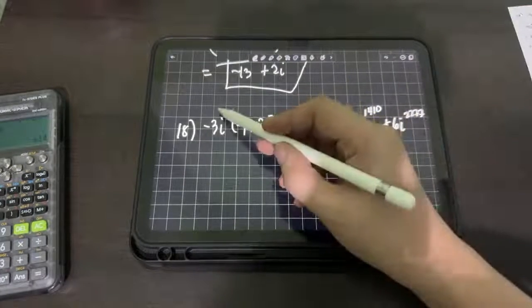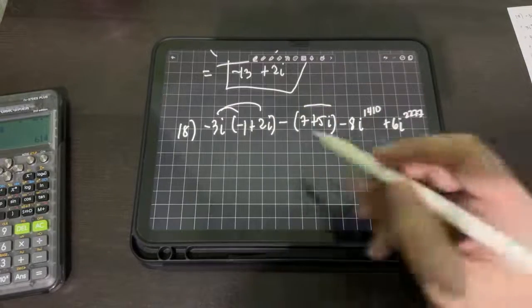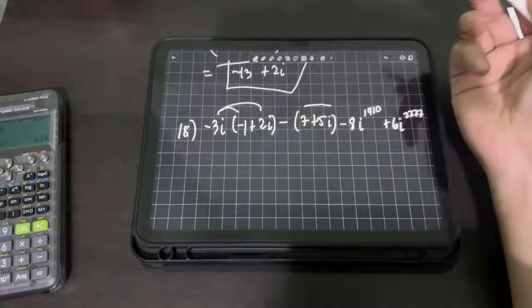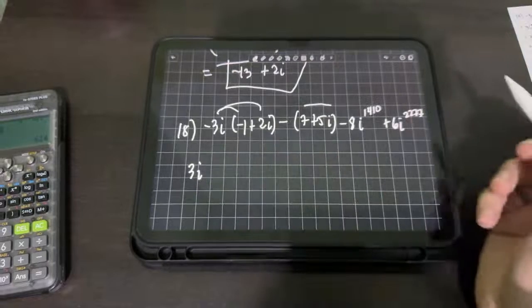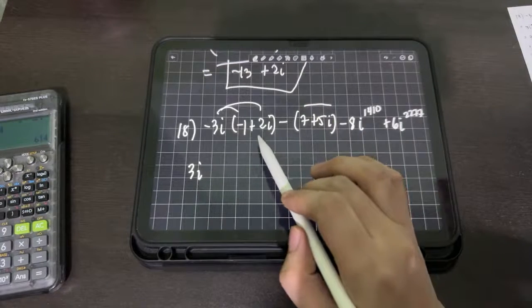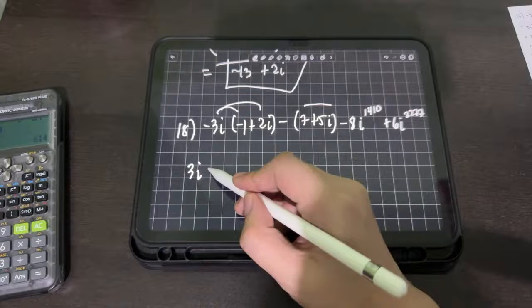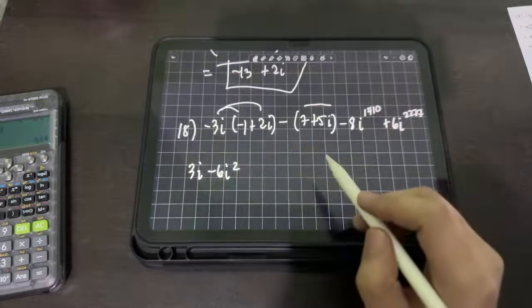Okay, let's distribute this negative 3i first. Let's multiply. So negative 3i times negative 1, positive 3i. Then negative 3i times 2i, negative 6i squared.